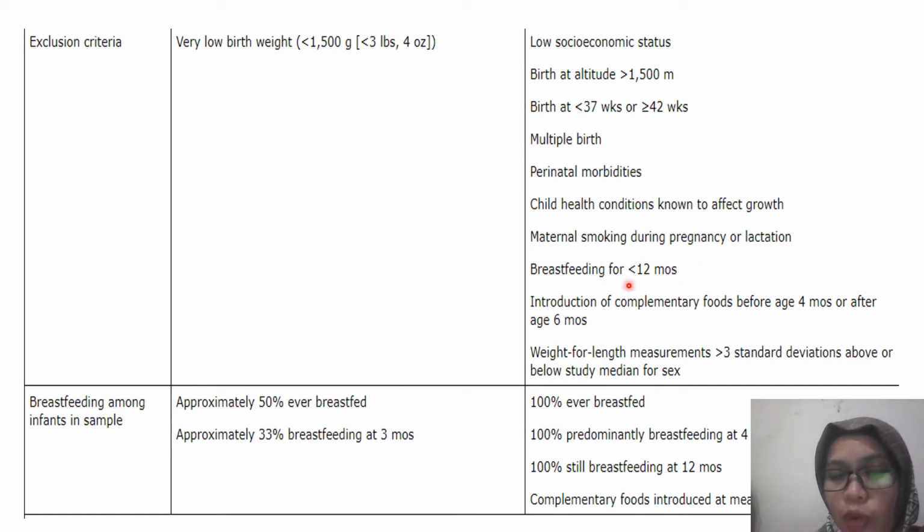breastfeeding for under 12 months, introduction of complementary food before age 4 months and after age 6 months, weight for length measurement over 3 standard deviations above or below the study mean for sex.